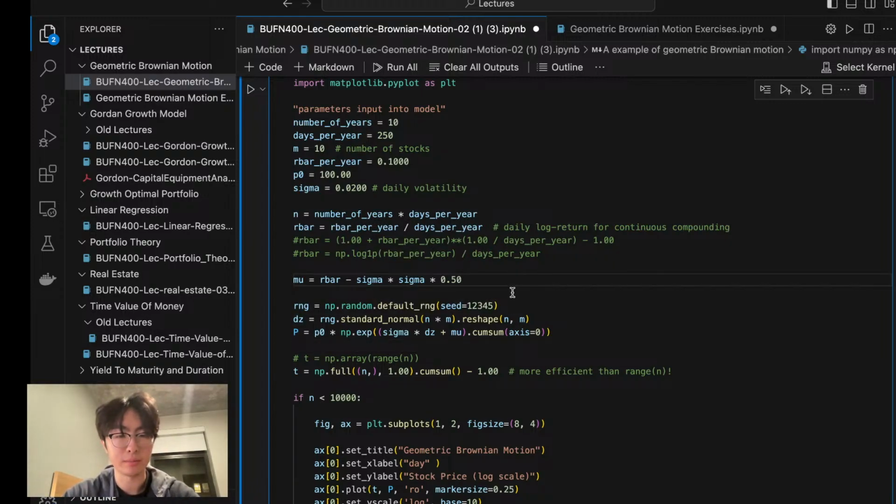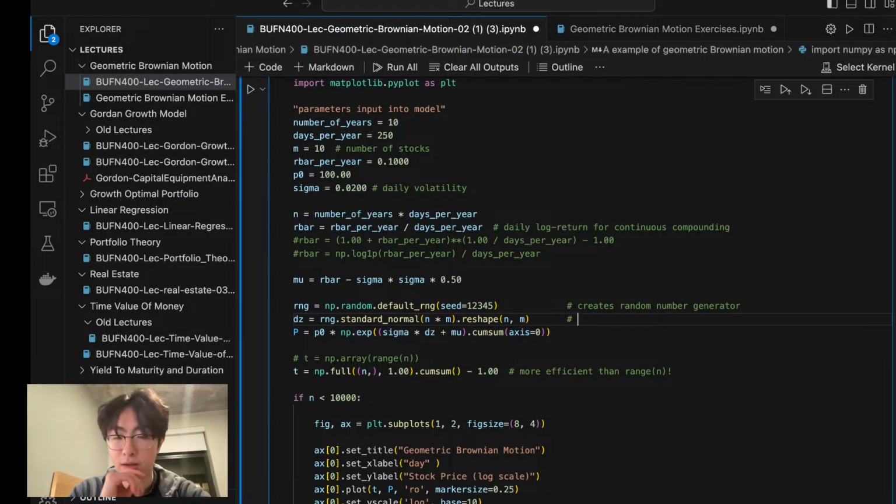So this is where they calculate mu. This is where they create the actual distribution itself. So they have a random number generator, okay? So this will create a random number generator. Then we have DZ. I think this will create a standard normal distribution data set, sampled from a standard normal distribution.